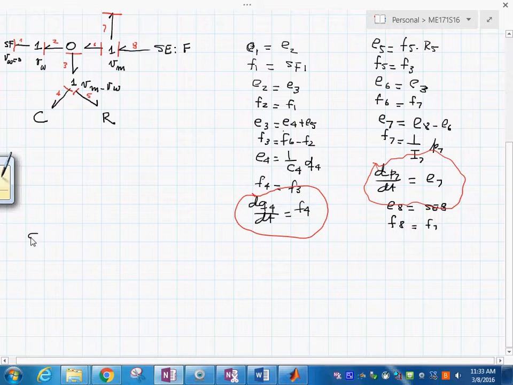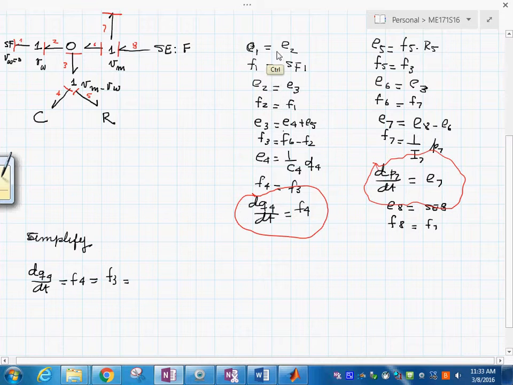F sub 3, take a look, is f sub 6 minus f sub 2. Let's do this right so that we can read it really well. So f sub 6 minus f sub 2.